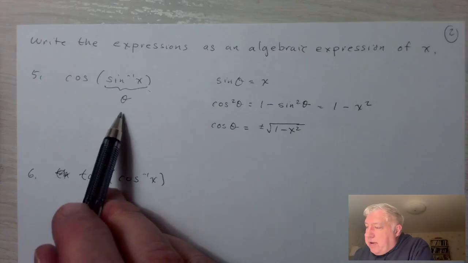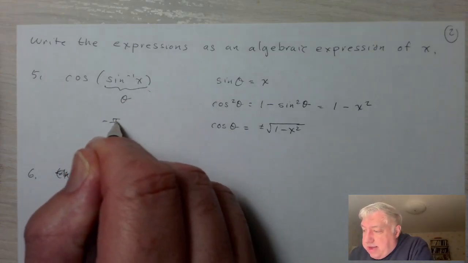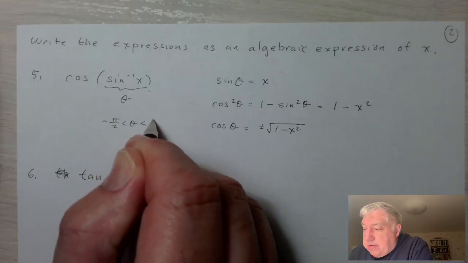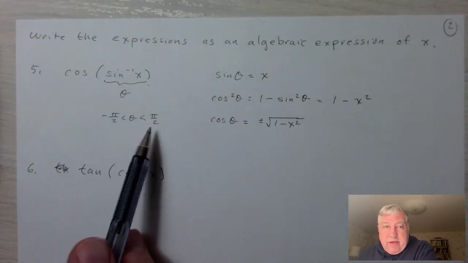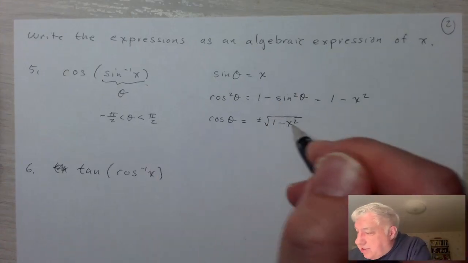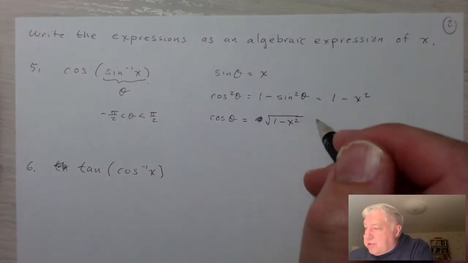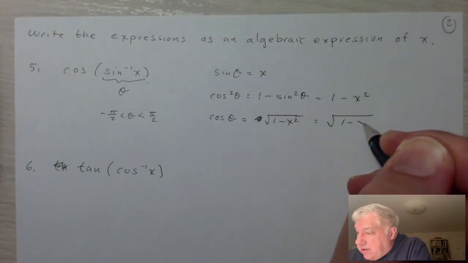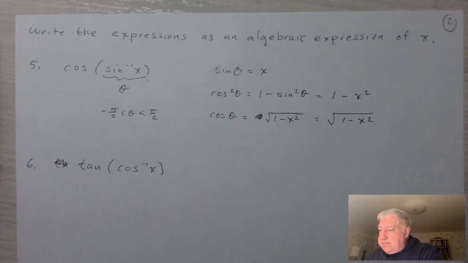However, this kind of implies that theta is still between negative pi over 2 and pi over 2. So that means the cosine has to be positive for the first. So this is actually going to be just the positive square root, the square root of 1 minus x squared. Okay, so keep that in mind.